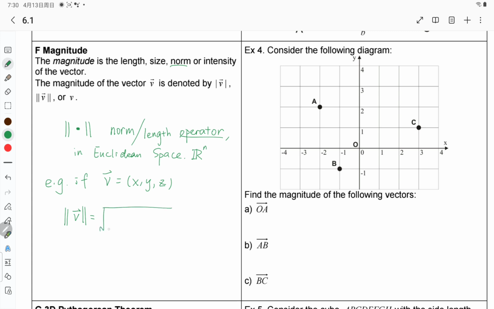This is not the norm squared, so the norm is the square root of x squared plus y squared plus z squared.